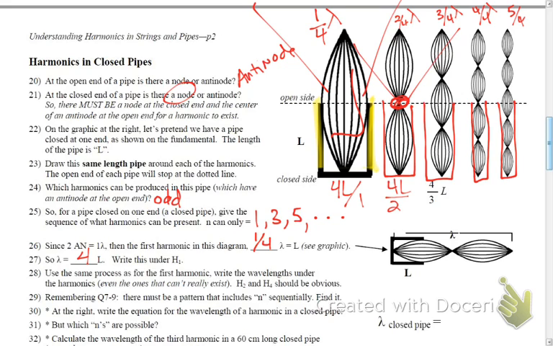And the next one, if 4 lengths is 1 wavelength, 3 of those parts are showing up in there. And this one, 4 parts of a wave are showing up in the pipe. And now 5 parts of a wave.